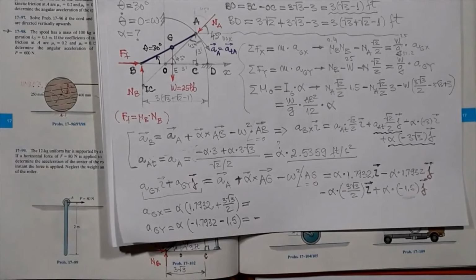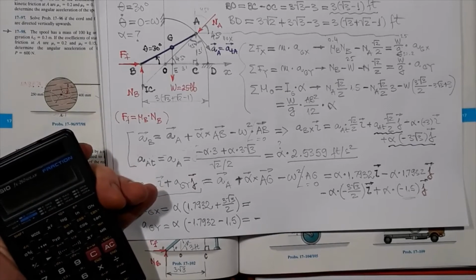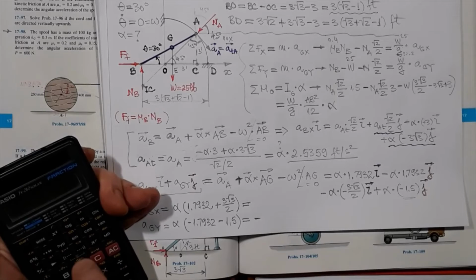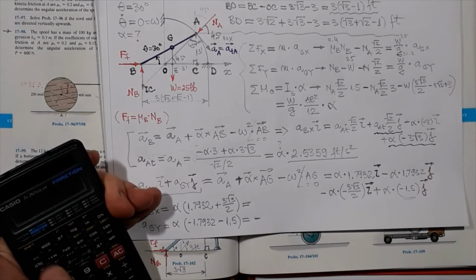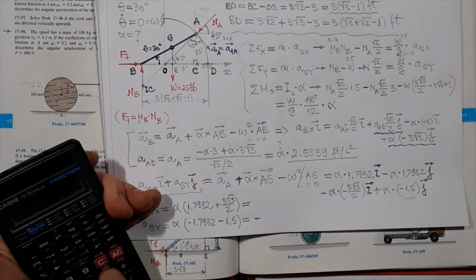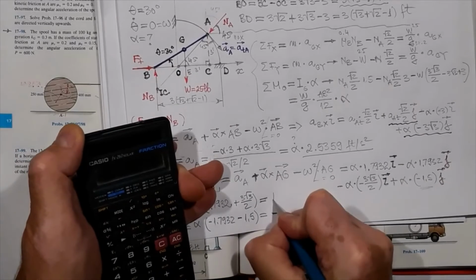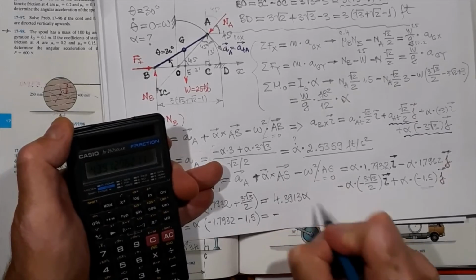Not surprising. So 1.7932 plus 3 square root of 3 over 2 equals 4.3913 alpha.